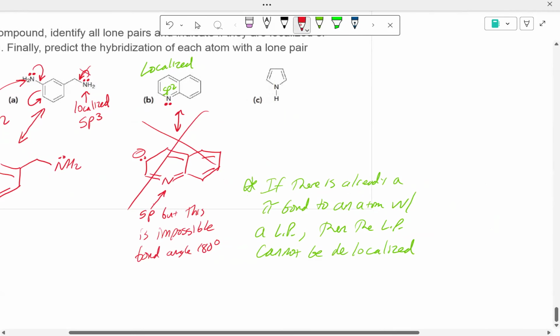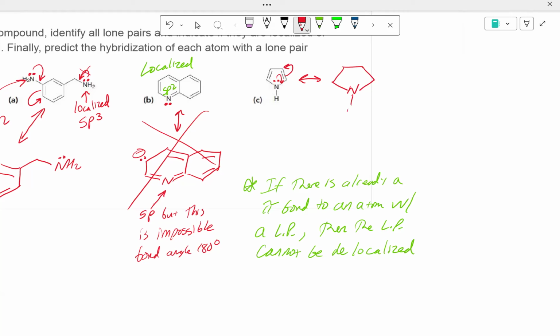Now in the last one, I'm going to draw the lone pair in on this nitrogen. Notice there is not a pi bond to it, and I can draw a resonance form like this. And I can keep on drawing more resonance forms.